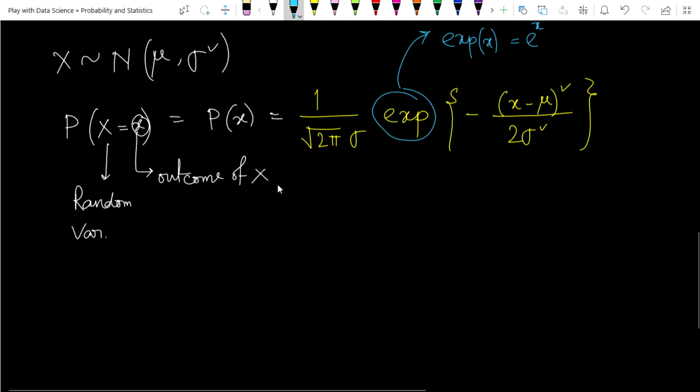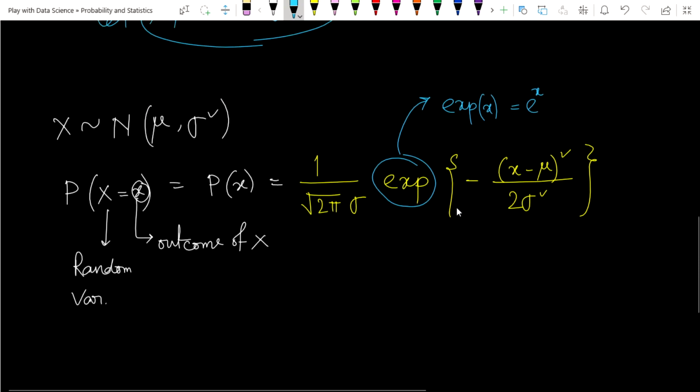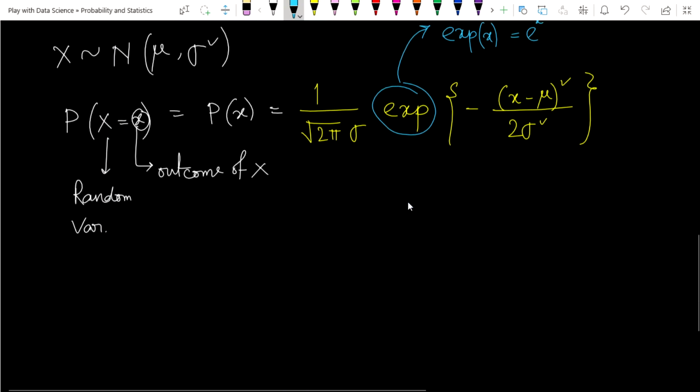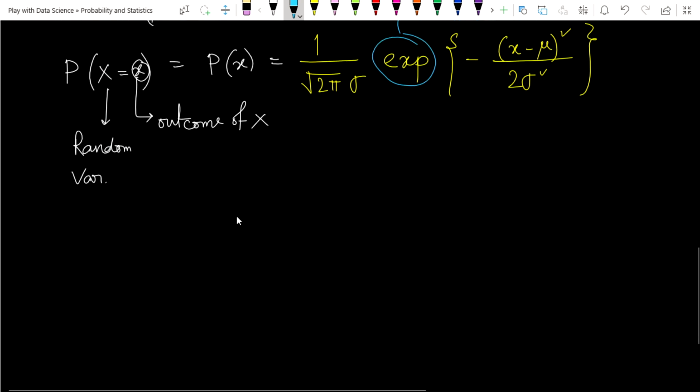Now let's see how, if we are given mu and sigma square, this plot and these equations look like, how they behave, and what the observations are. Just play with these curves, then I think it will be very interesting.